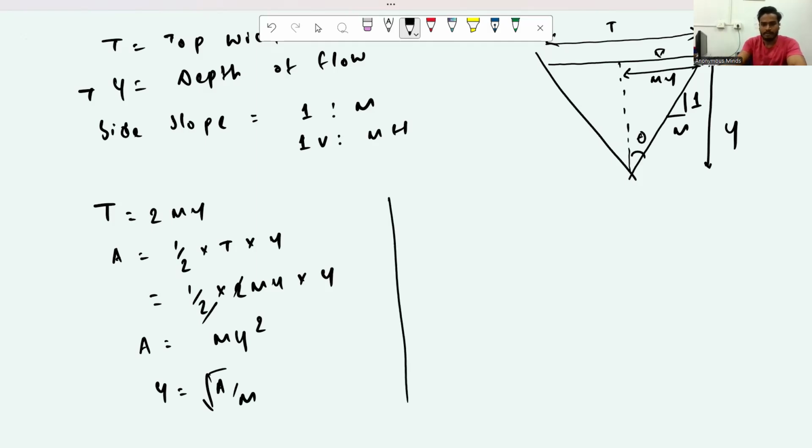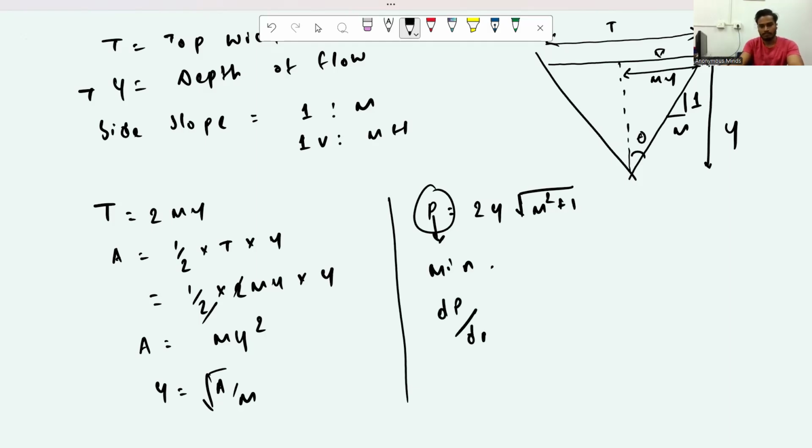Again, perimeter P is equal to 2y under root m square plus 1. And for most efficient triangular section, this P should be minimum. So I can write dP upon dm should be equal to 0. Again, P is equal to 2y under root m square plus 1.